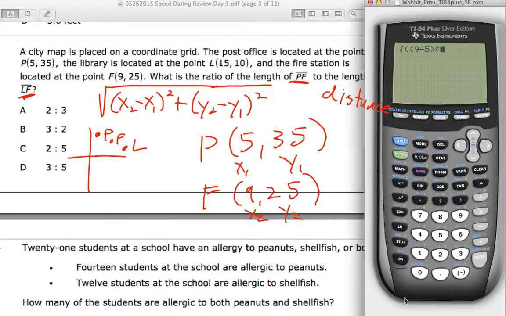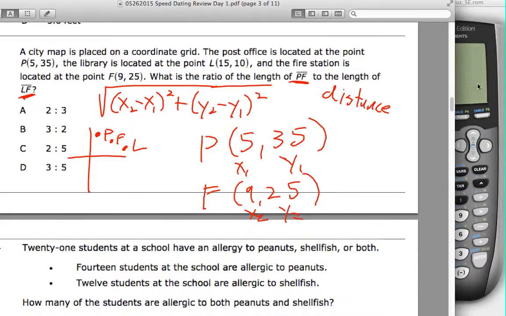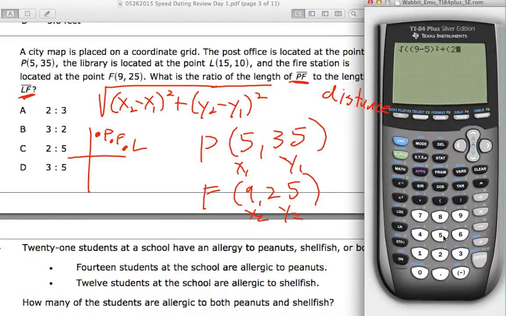And we're going to square that, plus, and then the next parentheses we need y2 minus y1. Our y2 is 25 and our y1 is 35. And then we're going to square that. So what we've just gotten there is the distance for PF. It's about 10.77.